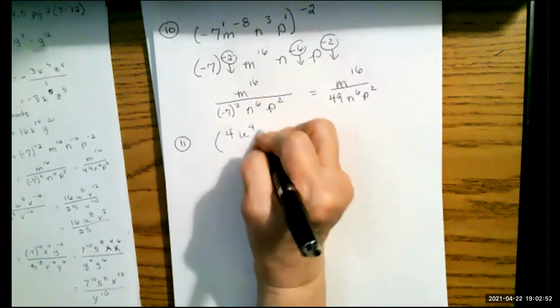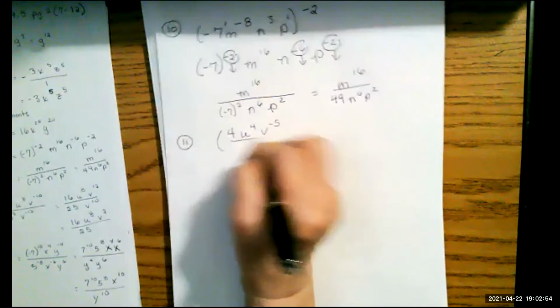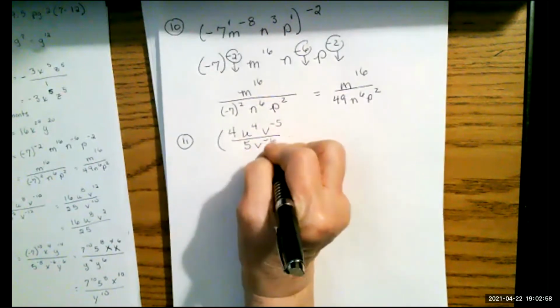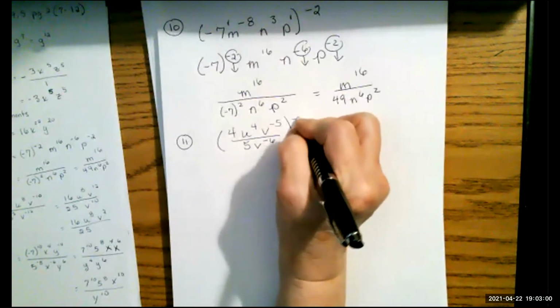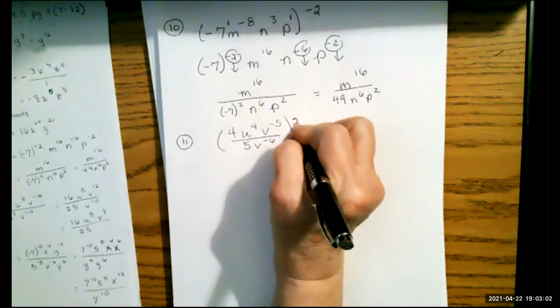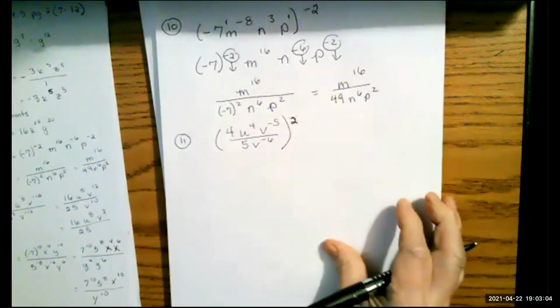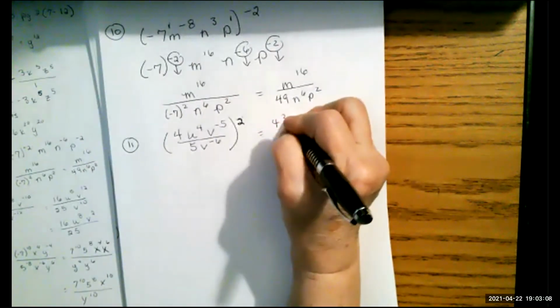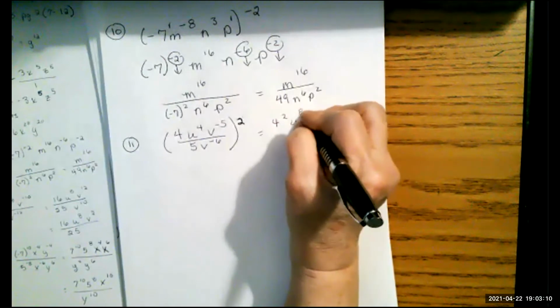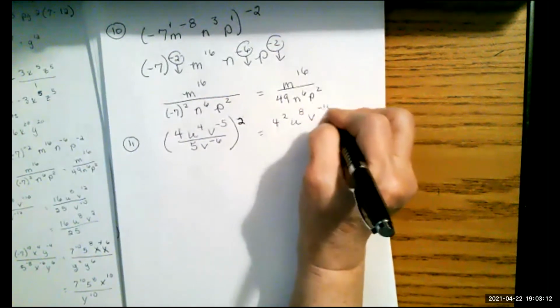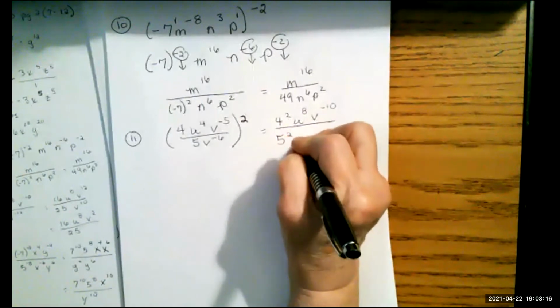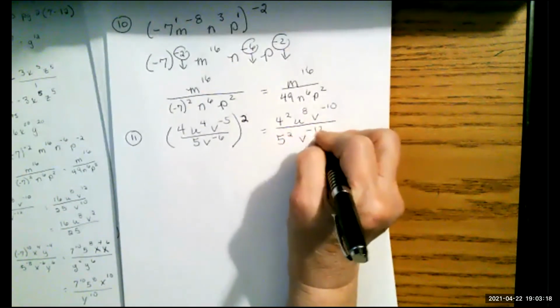So this one I have 4u to the 4th, v to the negative 5 over 5v to the negative 6. And they're going to raise this one to the positive 2 power. So I have 4 to the 2nd, u to the 8th, v to the negative 10th, over 5 to the 2nd, v to the negative 12th.